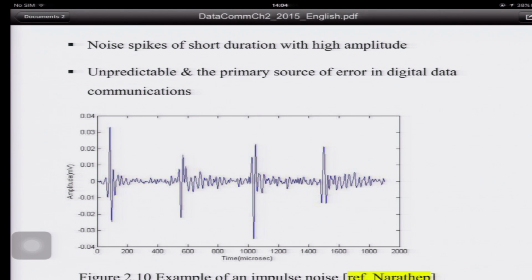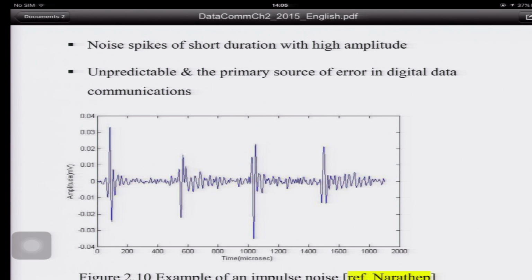Usually you have background noise, small amplitude noise, and then occasionally you have a large spike. These are unpredictable, and the primary source of error in digital data communications.